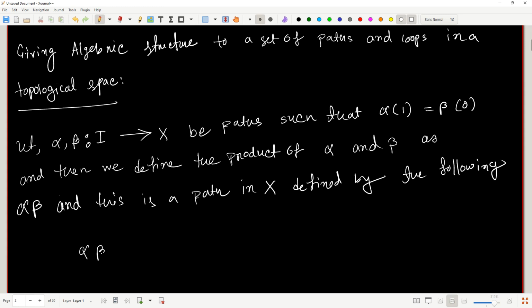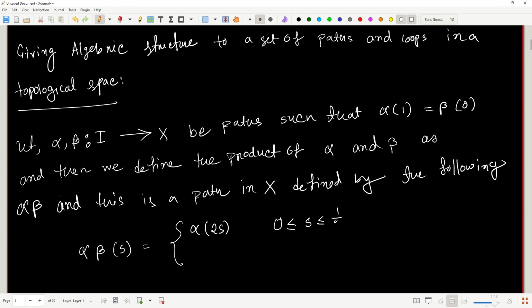So this alpha beta contains a parameter s in such a way that, let's say, I want to write alpha of 2s on the first half interval, so that all the conditions for a path that we introduced earlier are satisfied.